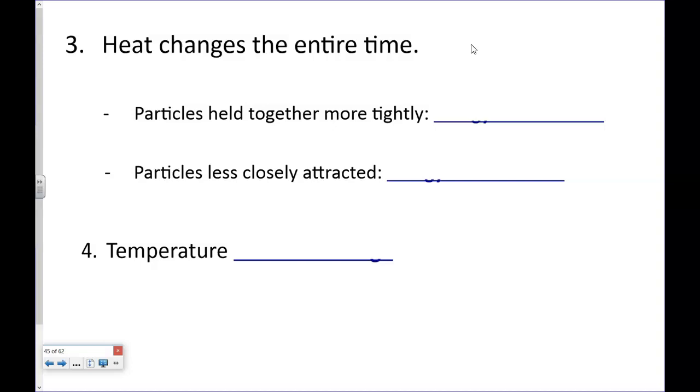When the particles become more tightly packed, it means that we're losing energy, that kinetic energy is moving away, and the atoms are able to get closer together.